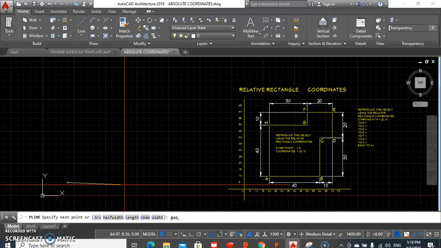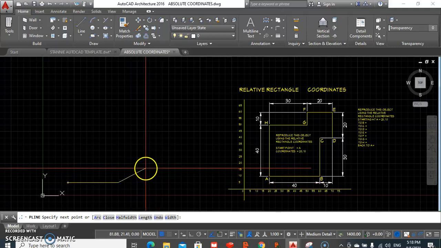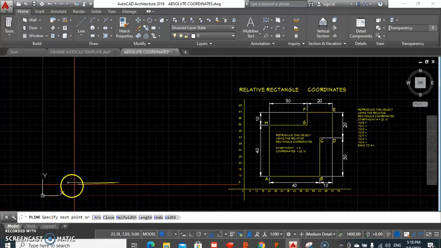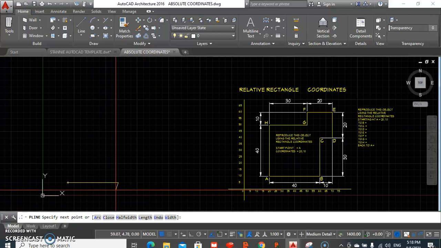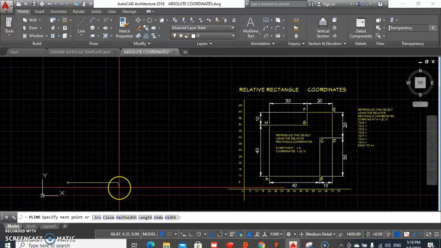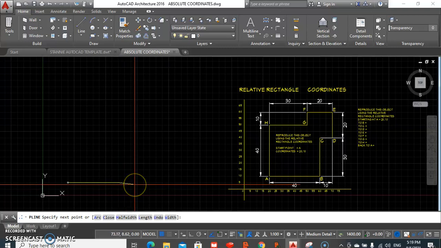And sorry, we are at 0 rather in our y direction. So let's give 0 and give enter. Notice our line has been drawn because we have moved 40 units in our x direction, and we have still not moved in our y direction.